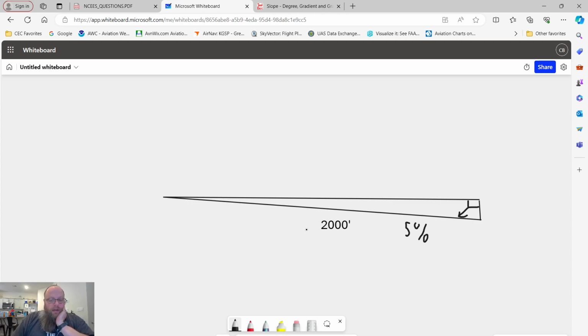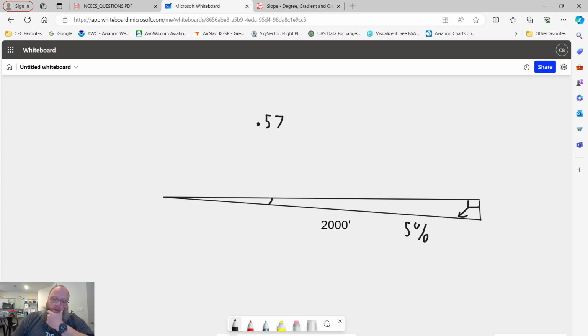How I approach this particular problem is, I know that this 5% grade, I can get this angle easily from that. Every 1% of grade is going to give you 0.57 degrees of angle.